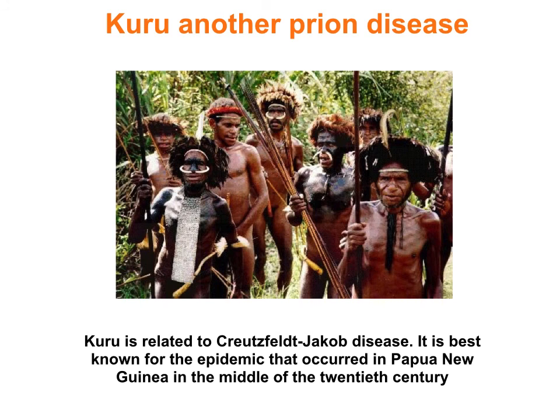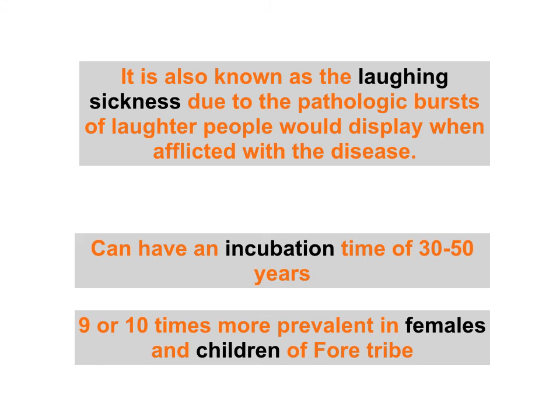As you can imagine, this would pretty readily spread prion disease if you're consuming other individuals that have prion disease. In Papua New Guinea, it's also known as laughing sickness because of the pathological bursts of laughter from infected people.